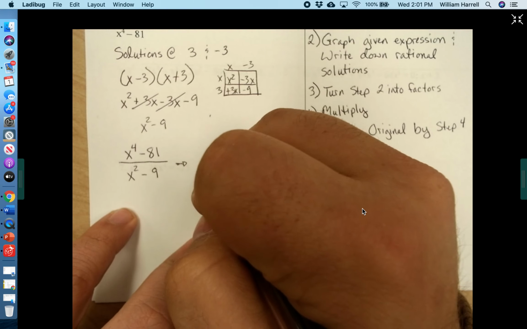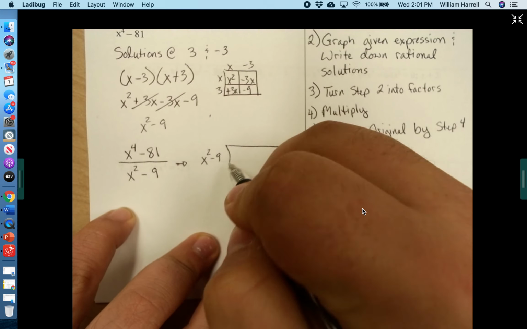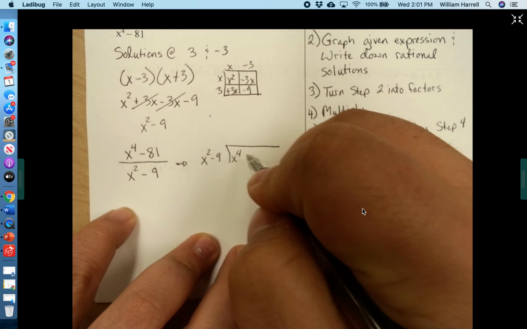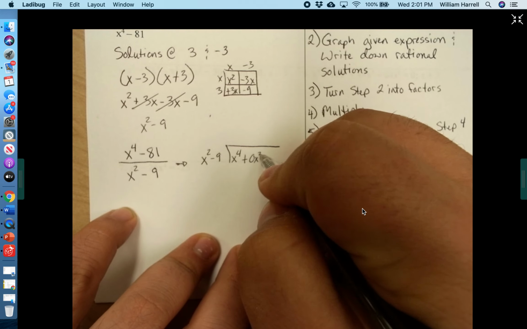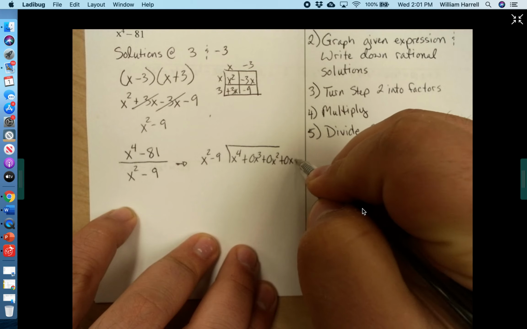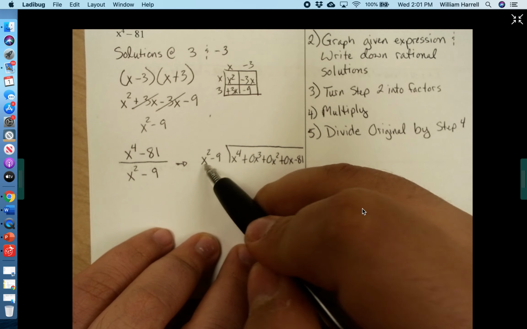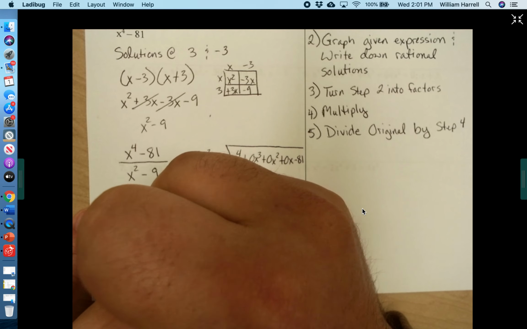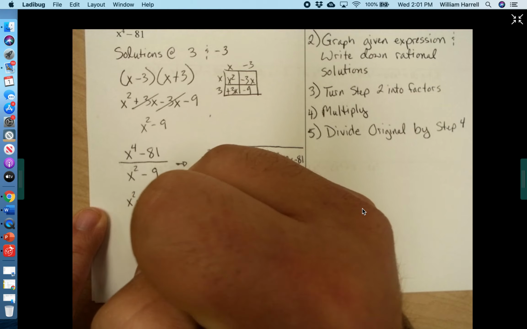Alright, so again, x squared minus 9, x to the 4th plus 0x cubed plus 0x squared plus 0x minus 81. Again, what times x squared is equal to x to the 4th? It's just x squared.